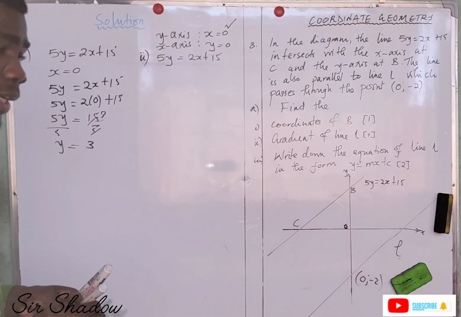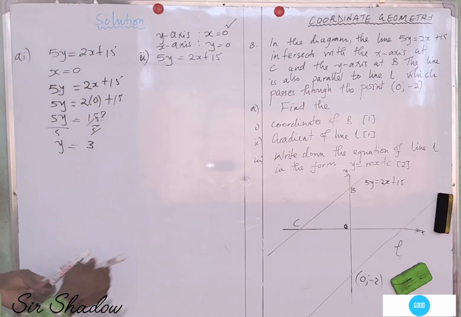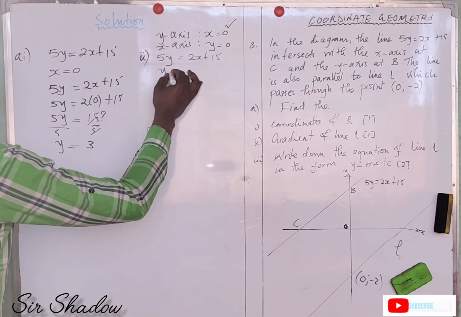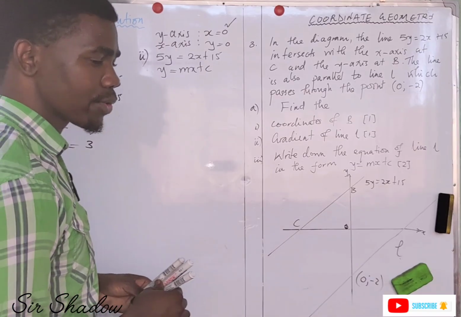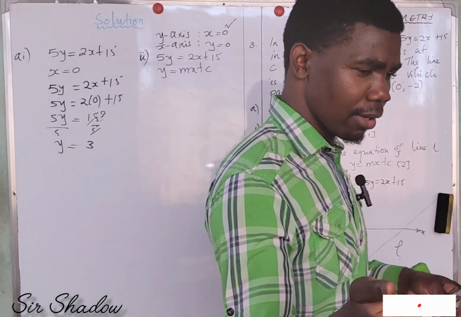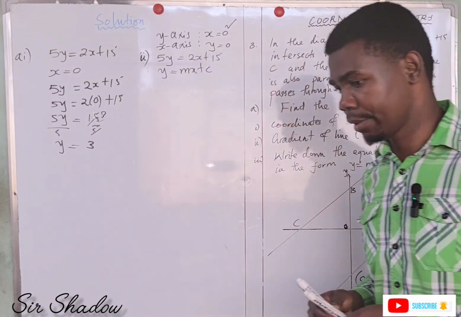For us to find the gradient, first of all, we have to write the equation of this line in the form y equals mx plus c. It simply means make y the subject of the formula.